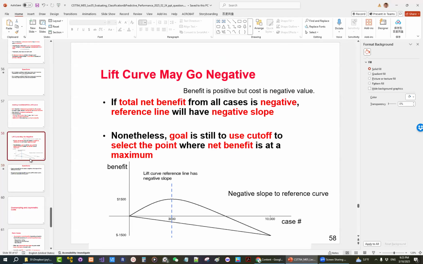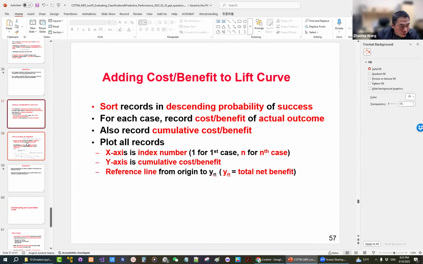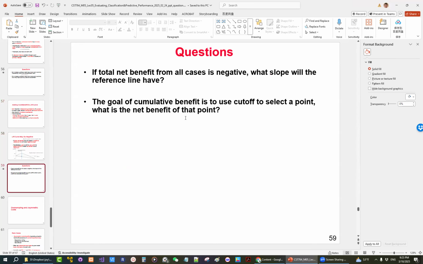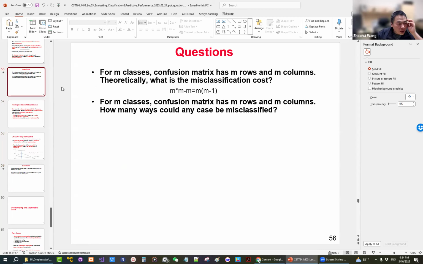Professor Wayne, could you go back to the other one? The one we just went over, the goal of the cumulative benefit, to use the cutoff to select a point.